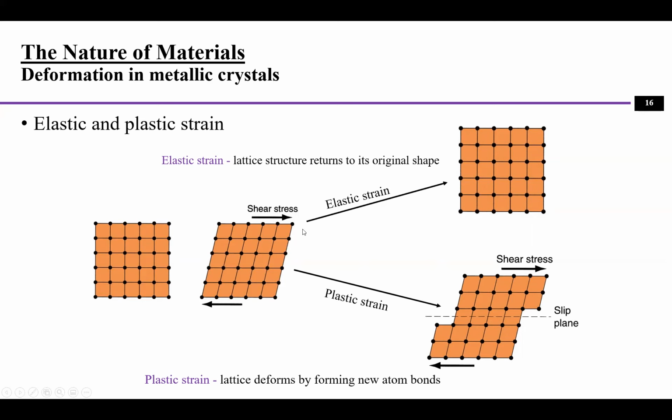After you remove the stress or remove the force, it can return back to its original shape. Well, after plastic strain or deformation, you'll see there's already a slipped plane, which means that it is permanently damaged or permanently deformed. So that's called plastic strain.